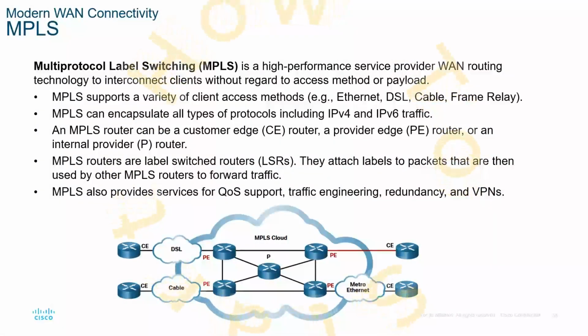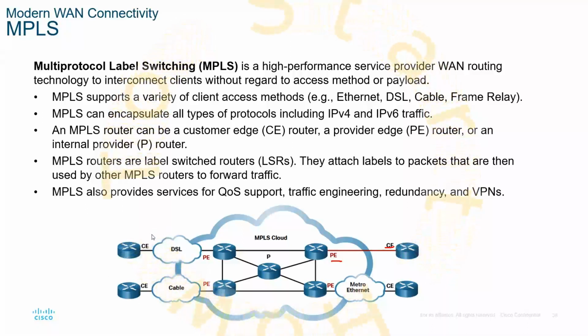With MPLS, that's multiprotocol label switching, and basically this is high performance switching by our service providers. The service provider WAN routing technology will interconnect clients regardless of their access method or payload. You'll see here CE and PE: customer edge, provider edge.